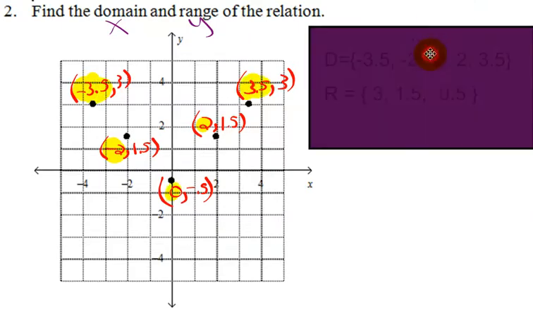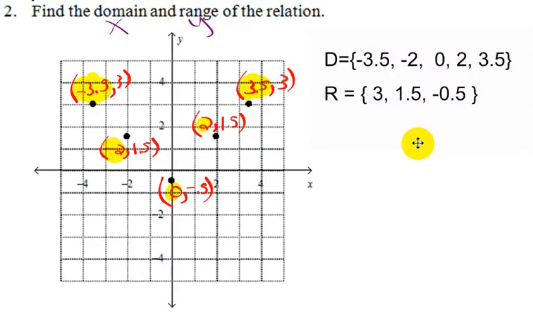And your range are all the y values. So 3, and notice you list it only once, 1.5, listed only once, and a negative 0.5. So there's your domain and range.